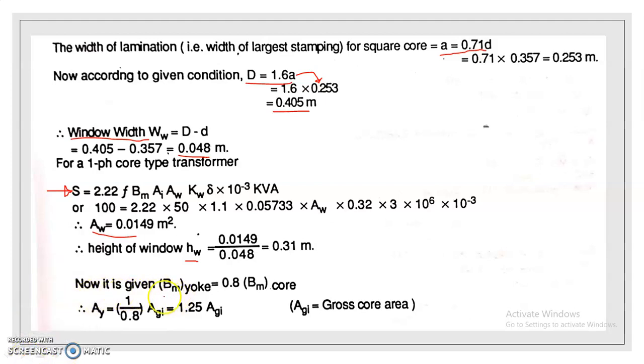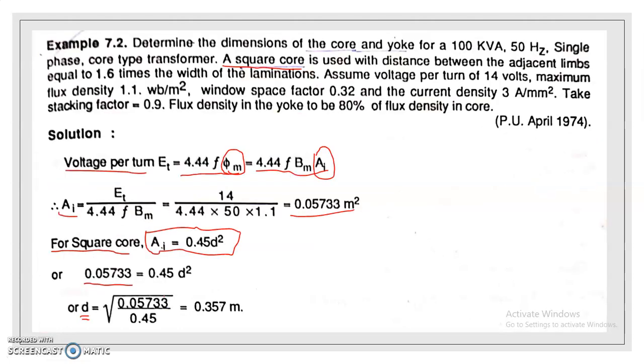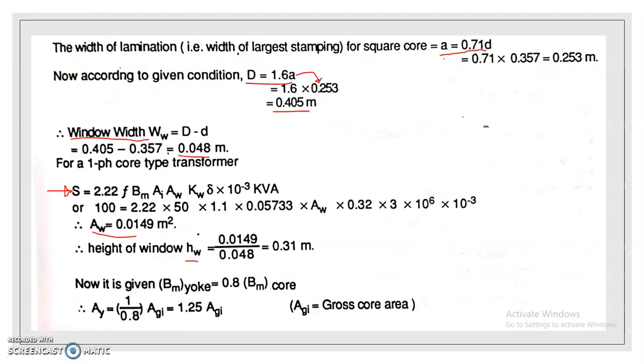Now we have the relation between the BM of yoke and BM of core. In the given problem, in the last sentence, it is stated that flux density in the yoke is to be 80% of the flux density in the core. So we can define the maximum flux density of yoke is equal to 80%, means 0.8 times BM of core.